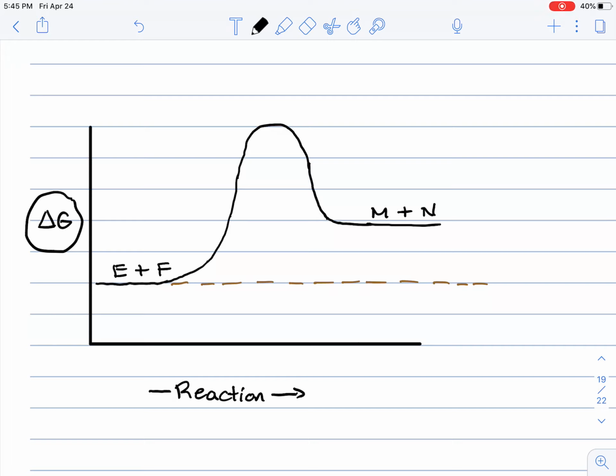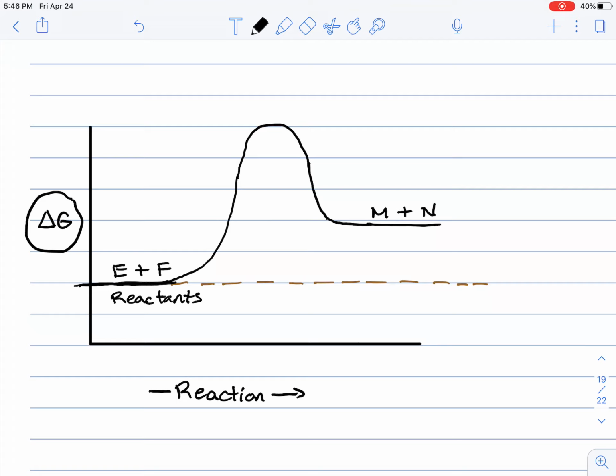The brown dotted line that I drew represents that relative 0 point, which gives us the reference point we're working with. It's typically going to represent that of the reactants. So we're referencing the 0 point from the reactants to that of the products.